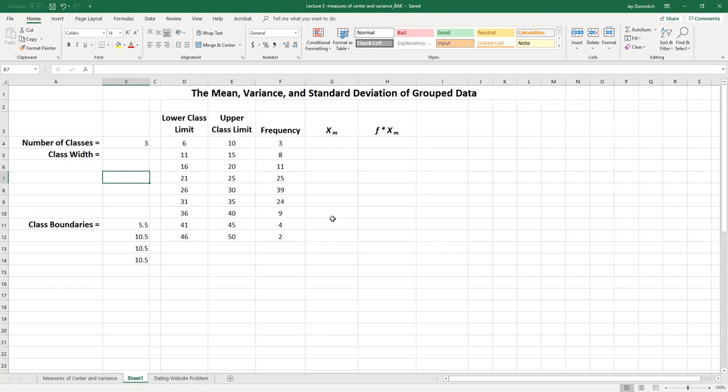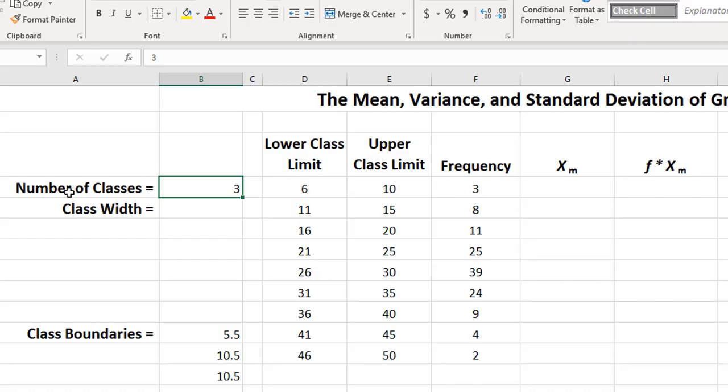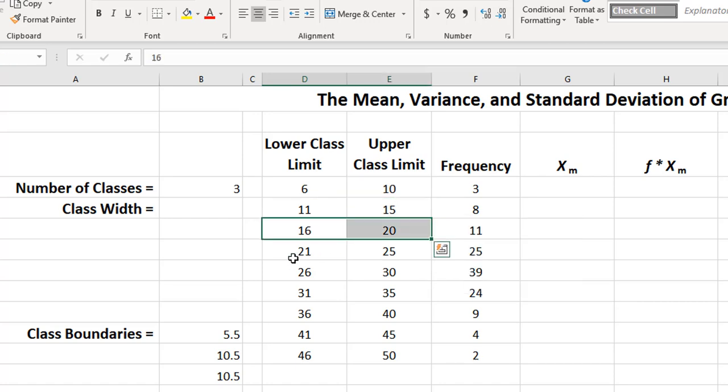Here we are in spreadsheet mode. And the way I have this spreadsheet set up is it's asking you a question, first of all. What are the number of classes that we have? Well, right now it just says 3, but we actually have, let's see, 1 class, 2, 3, 4, 5, 6, 7, 8, 9 classes.